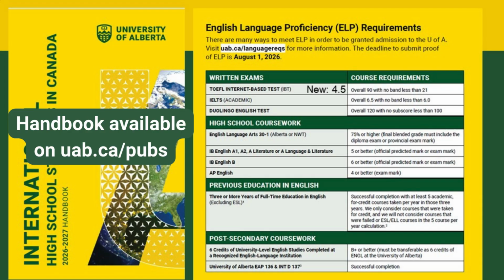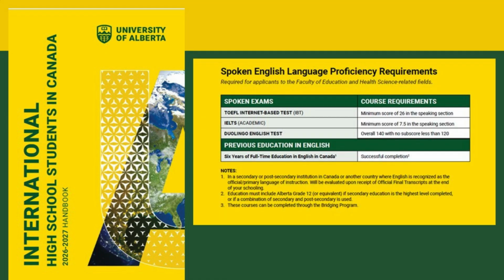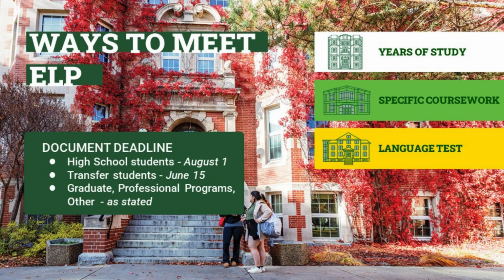It's a nice little easy cheat, particularly for international students who are studying in Canada. If you have any questions on that, that website's right there. The deadline for all of these is typically August 1st, but we're going to talk more about deadlines in a second. Similarly, we have the spoken language requirement piece for nursing and education on there as well. Okay, so ELP.